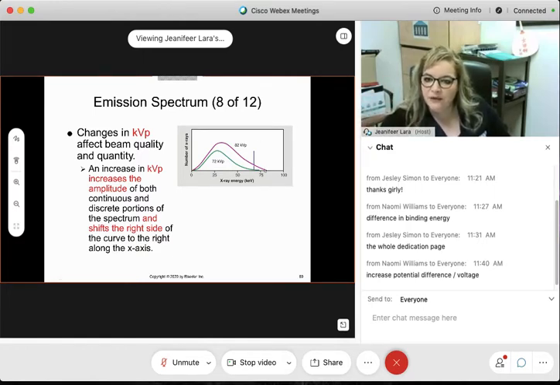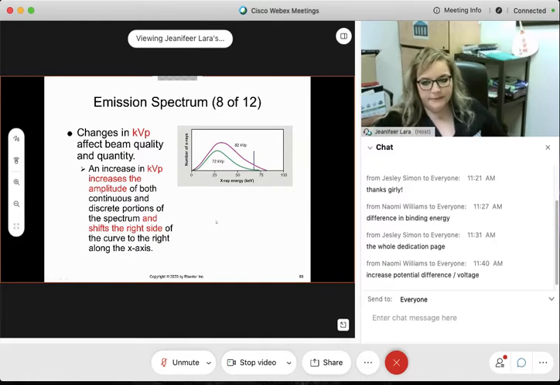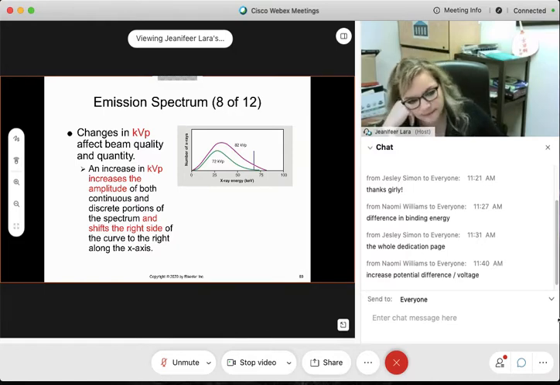So the higher the kVp, the higher the energy of your beam. That's why they call it shifting to the right of the energy spectrum, the energy numbers. Okay? Questions? So what did you write for your chart? Anyone?